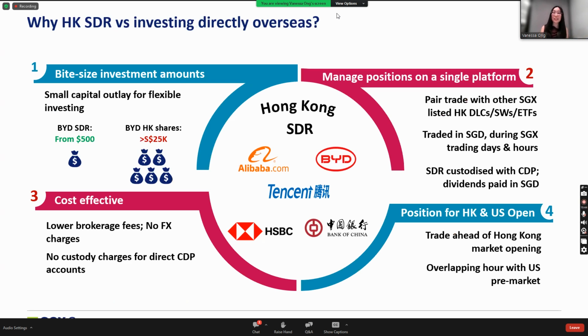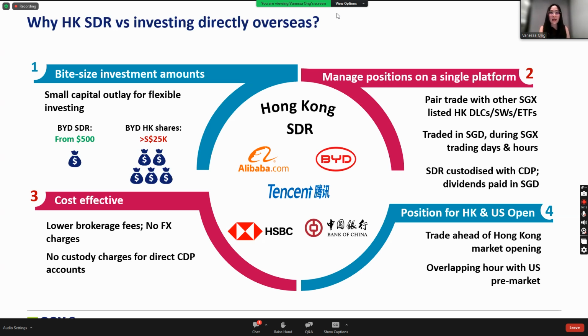So some of you may be wondering, okay, these 5 Hong Kong names look exciting, but why should an investor choose an SDR versus just purchasing the share overseas? So the first proposition of the SDRs, as highlighted on the right, is the additional convenience that is associated with it. So currently, we actually have a suite of China and Hong Kong-based products on SGX, including the ETFs, DLCs, and structured warrants.